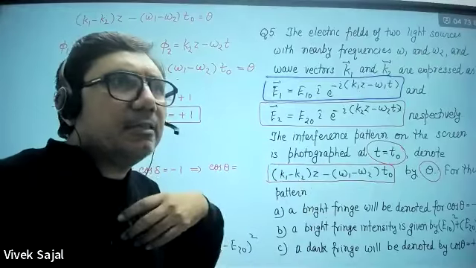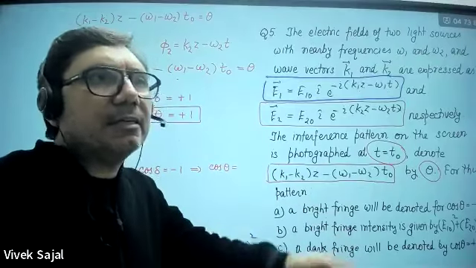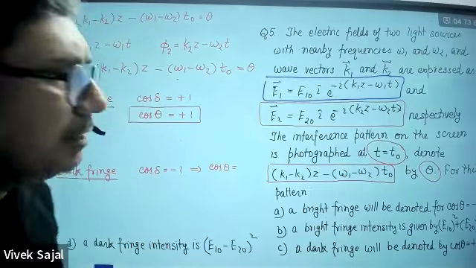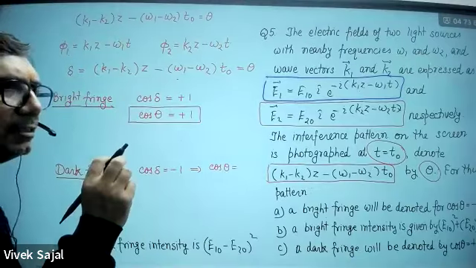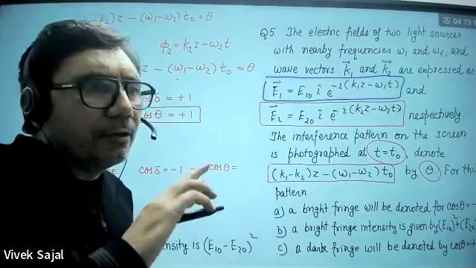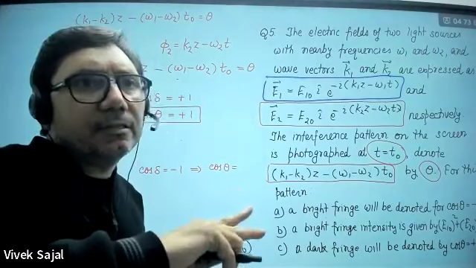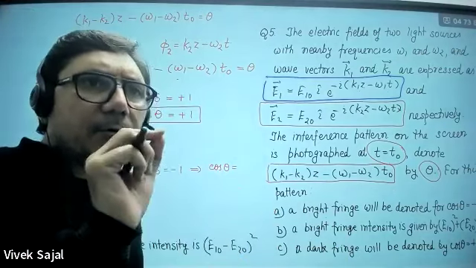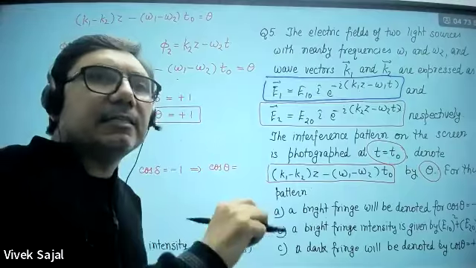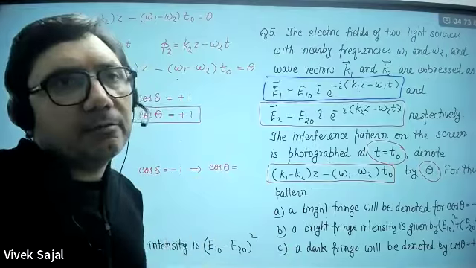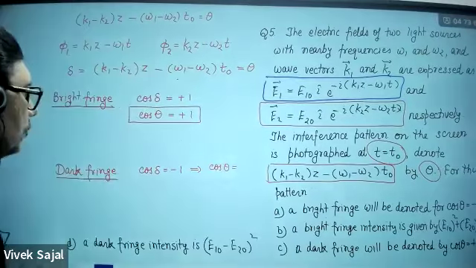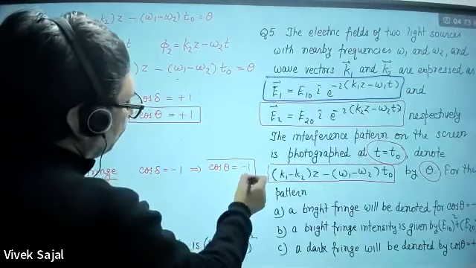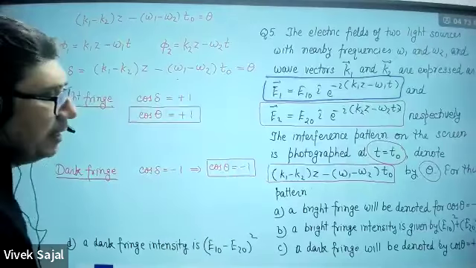They are asking, at time t naught, tell me the condition of maxima, minima, bright fringe, dark fringe. The phase difference between them is not constant, so that's why they are talking about a particular time. So cos theta should be -1. This is one of the questions they are asking.